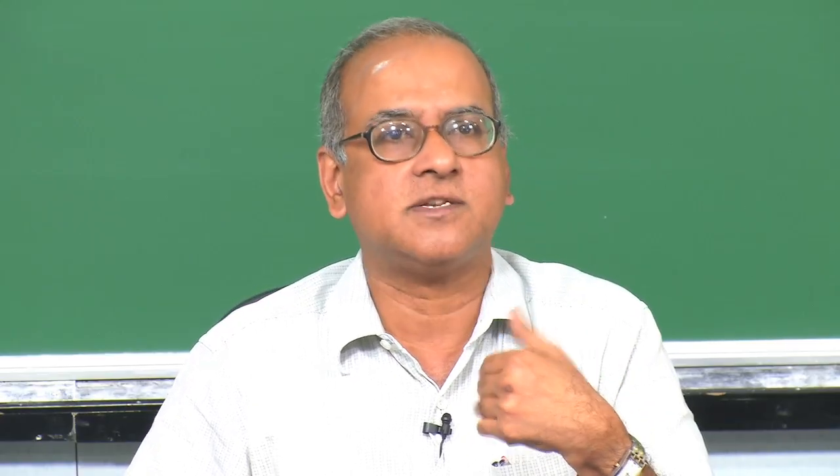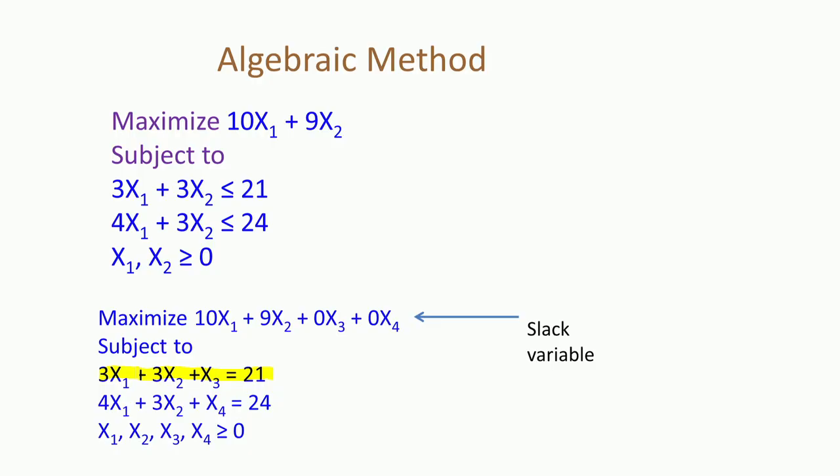Now, since x1 and x2 have to be greater than or equal to 0 and they have to satisfy 3x1 plus 3x2 less than or equal to 21, therefore, 3x1 plus 3x2 can either be equal to 21, in which case x3 will be equal to 0, or if 3x1 plus 3x2 is less than 21, then x3 will take a positive value. Therefore, x3 will be defined as greater than or equal to 0.